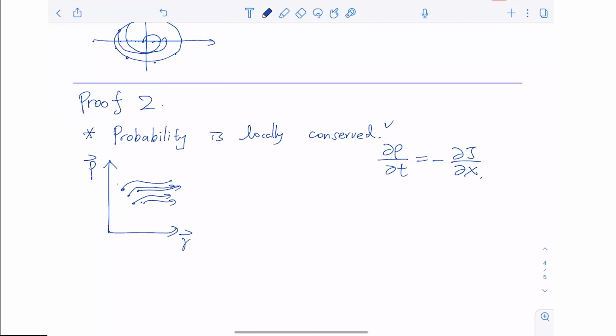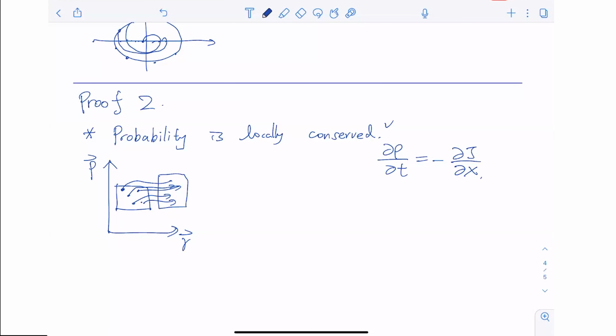Okay. And suppose this is the initial space and this is the final space. And we require that no particle gets lost. Here, the particle means the points in this phase space, which means the trajectory for a specific initial condition of our system.